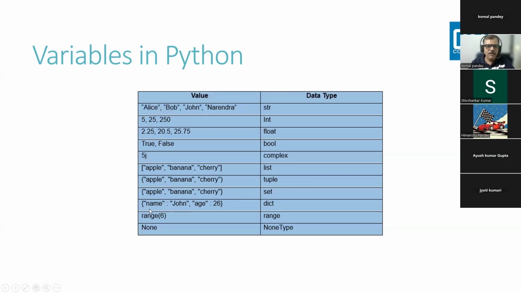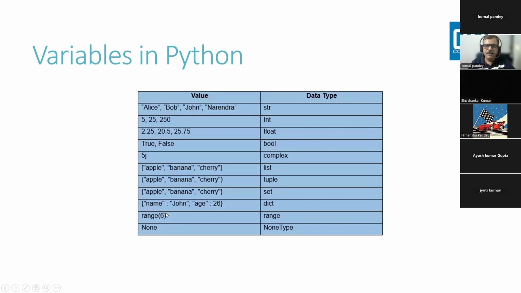And if you create key value pairs, then it becomes a dictionary. We also have a range data type. You can use the range function, pass any number, and it generates a range, a sequence of numbers. We will understand these types in more detail in this session.